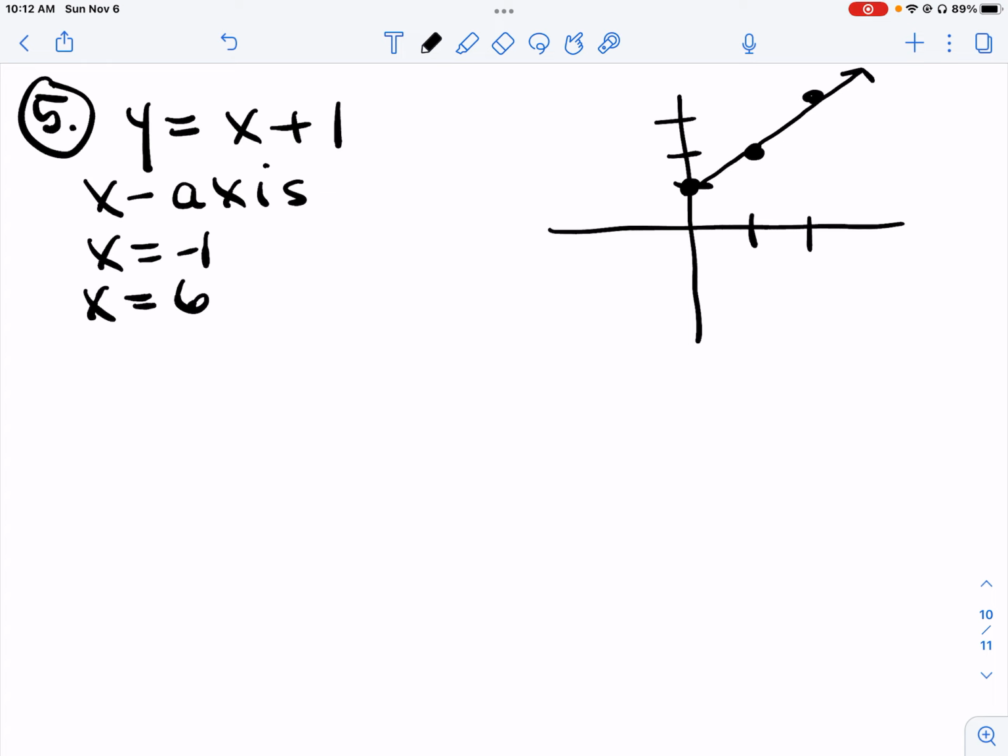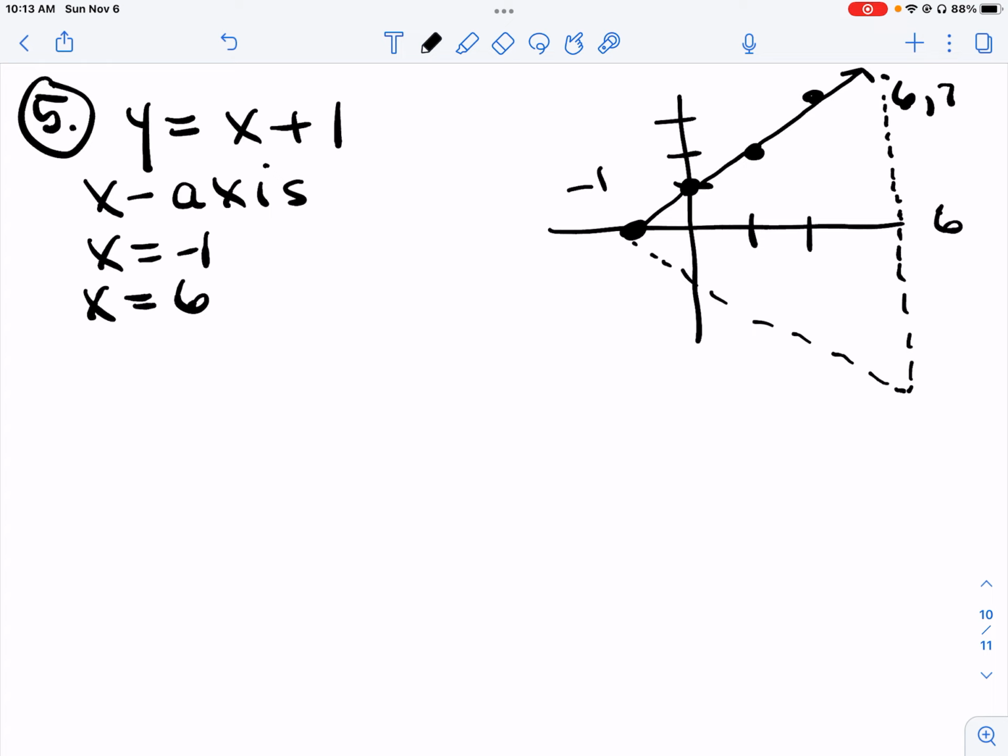Didn't quite go far enough. It would end at the point 6, 7. Okay. So it would come down to this point, -1. So we're finding the volume of that right here.